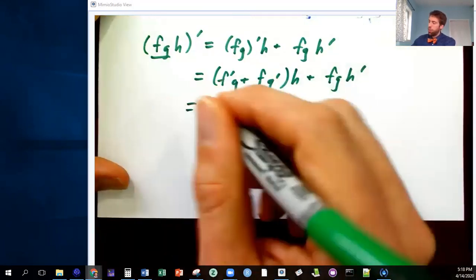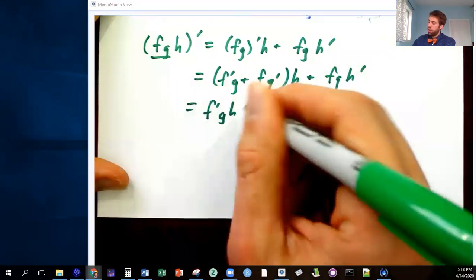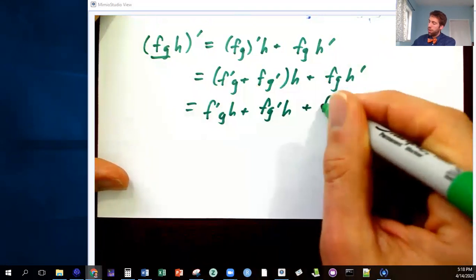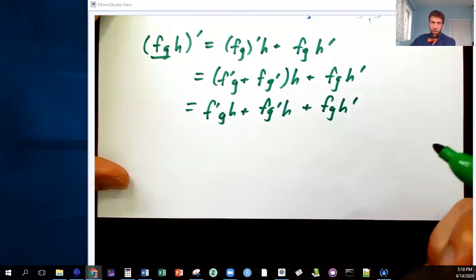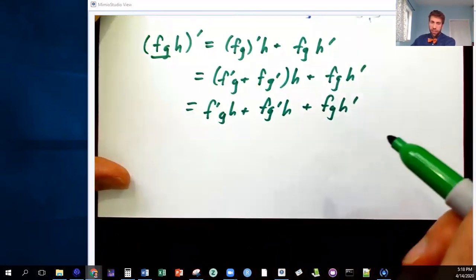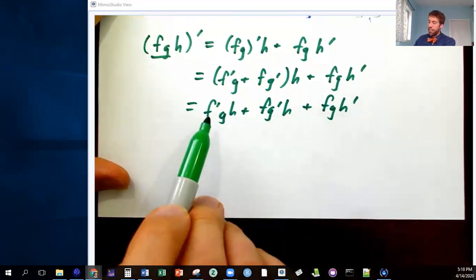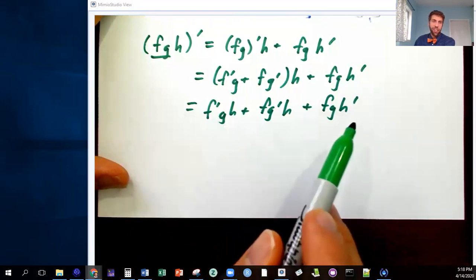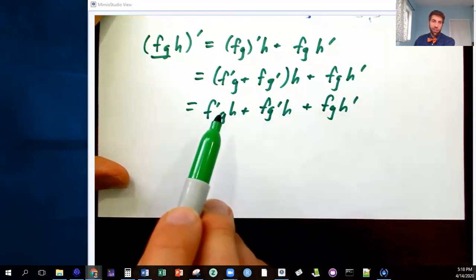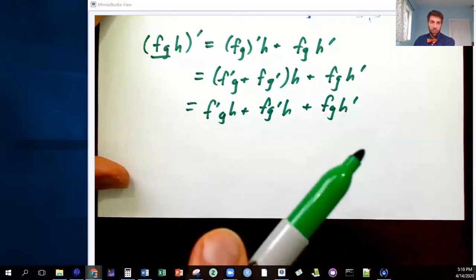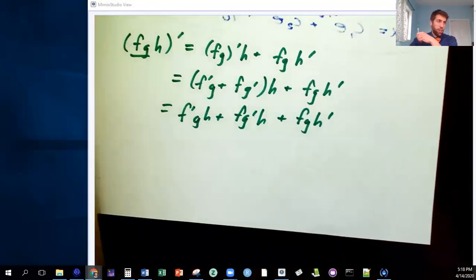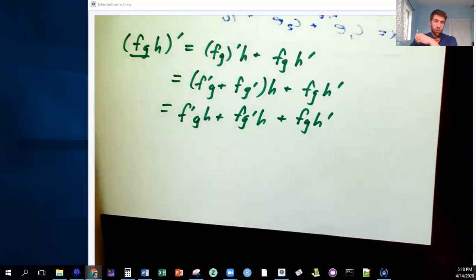And then this will distribute, and you get f prime gh plus f g prime h plus f gh prime. So when you do product rule of 3 things, each function gets its turn getting its derivative. It's like they're all waiting in line for the derivative and they each get one, and so you add them all together. That is the thing I'm going to use here instead of doing product rule twice, because doing product rule twice is more algebra than I need to do.